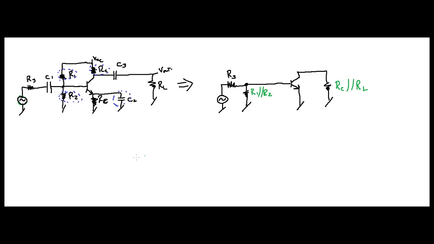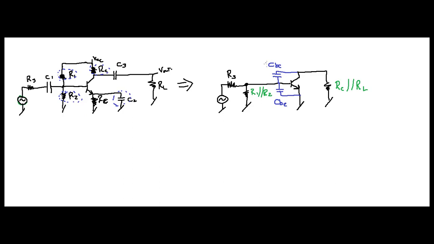Now, there's two other capacitances that I wanted to show you that we didn't talk about here. We're going to put them in here. You have one here, and you have one here. CBC and CBE.